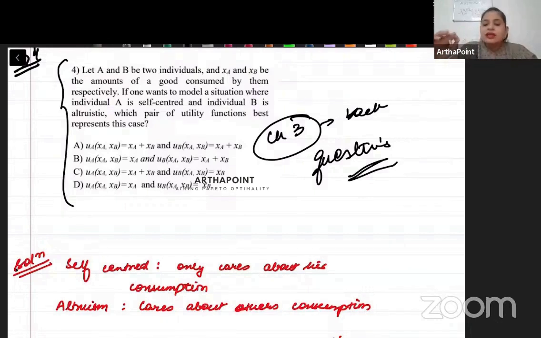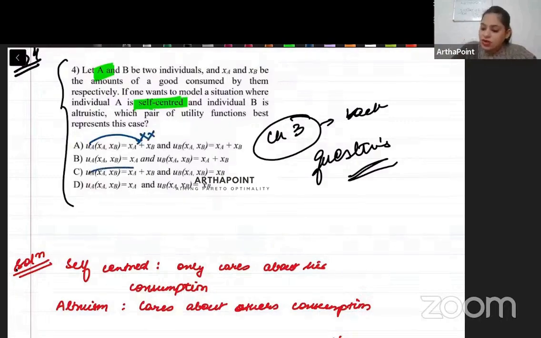So therefore, what do we know? When we talk about individual A, I am given that he is self-centered. He is only concerned about his consumption. So he should not get utility from B's consumption, which means he cannot get utility from B's consumption. So these are incorrect options.